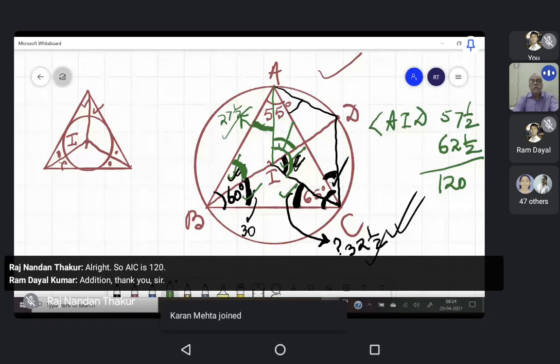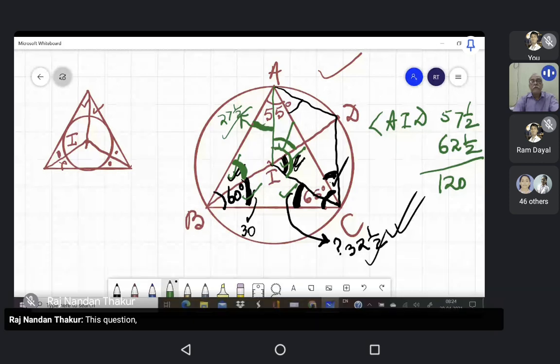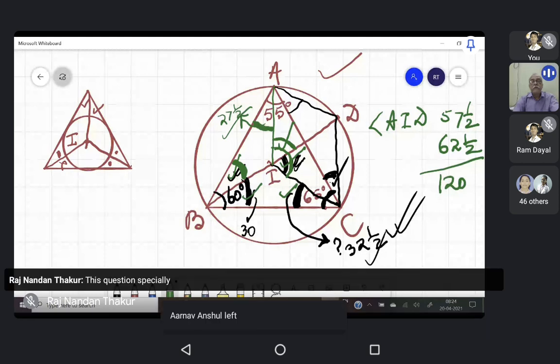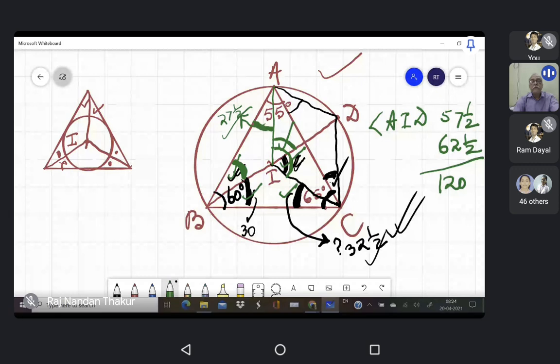This question, especially today after the class, all of you, once you do it in your copy, do it grammatically once and then forget. One similar question was asked in CST, not exactly this, not with so many parts.